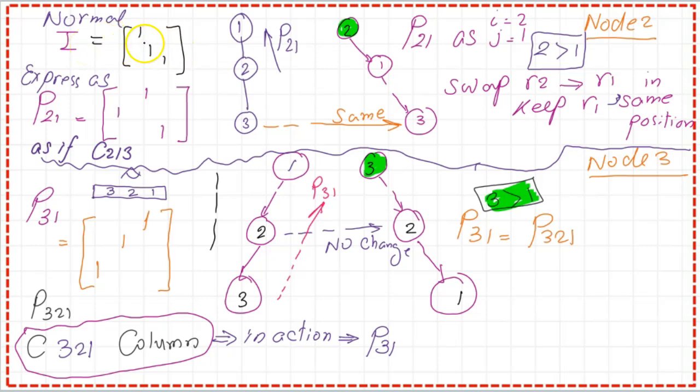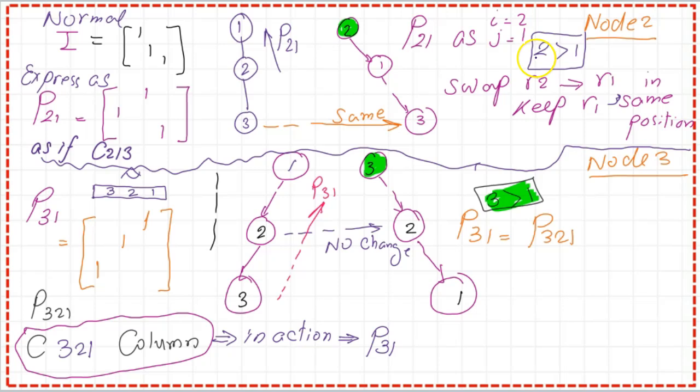Identity matrix, as we know, 1, 0, 0, 0, 1, 0, 0, 0, 1. On the left portion, this is the first node, second node, third node. If we consider, after swapping, the expression of P21, IJ expression, I equals 2, J equals 1.